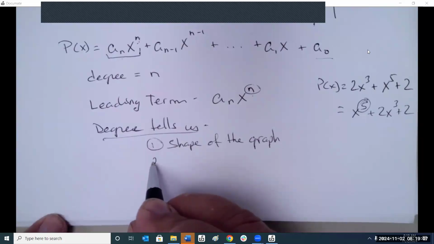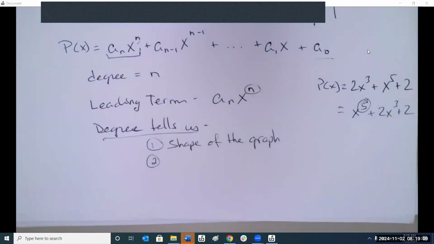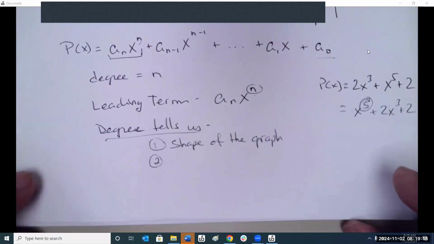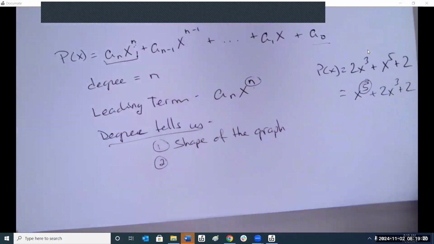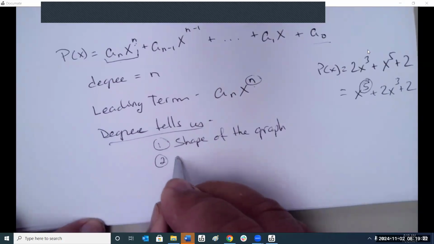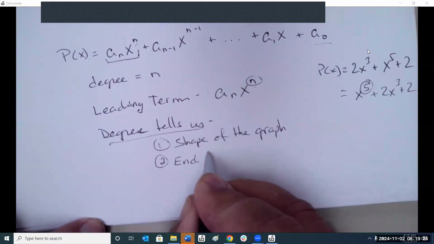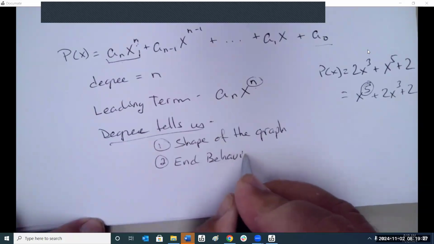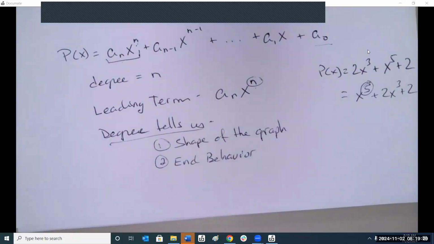What else does it tell us? Very good. I guess that defines what's called the end behavior. We'll talk about that in a second.